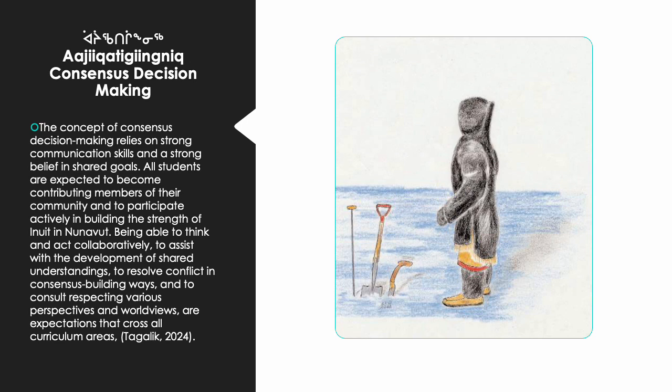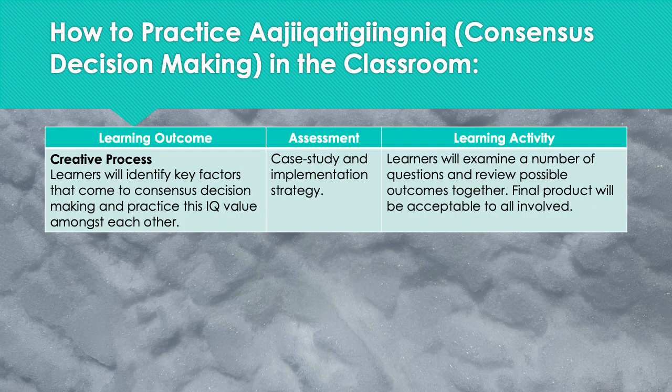So with this image, we can see that a person can be working together with other people, or they could be working with other tools so that they can create something and be successful. Here's one example of how you can practice Aajiiqatigiinniq, consensus decision making, in the classroom.